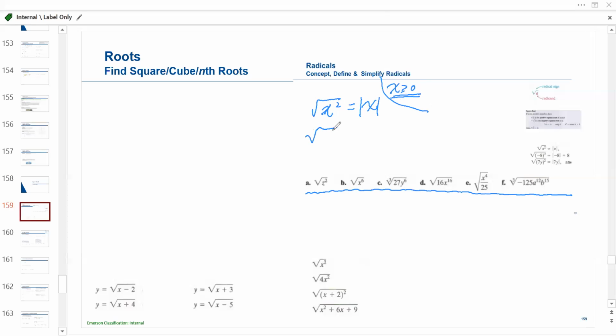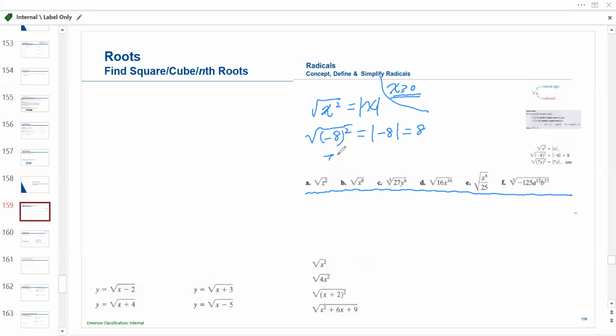Just like here, you may see something like the square root of (-8) squared. This is not equal to -8, right? So it actually needs an absolute value. Actually, they equal 8. It's like the square root of 64 equals 8, right? So it's not exactly equal to -8.